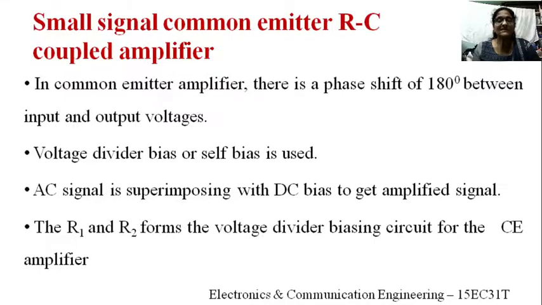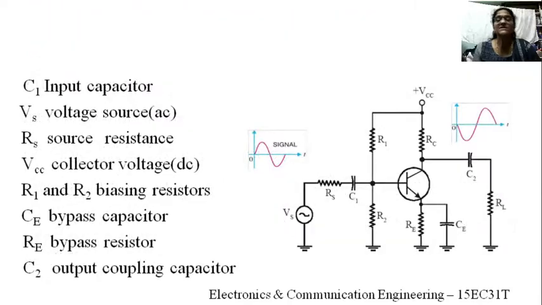First we will see the circuit diagram of this. This is the circuit diagram of the small signal RC coupled CE amplifier. Here we are using the common emitter configuration, as you see in the figure, and for coupling we use a resistor and capacitor.